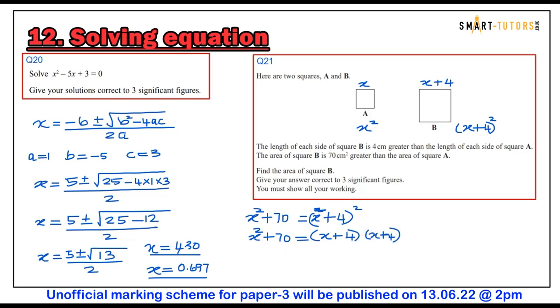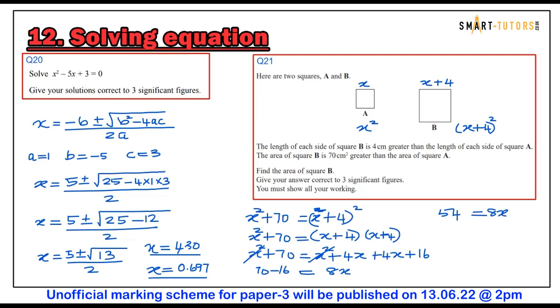So if you times it, x squared plus 70 equal x squared plus 4x plus 4x plus 16. So that gives x squared cancel, 8x here equal 70 take away 16, which is 54 equal 8x.